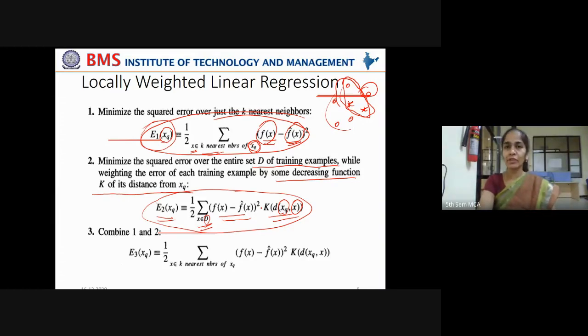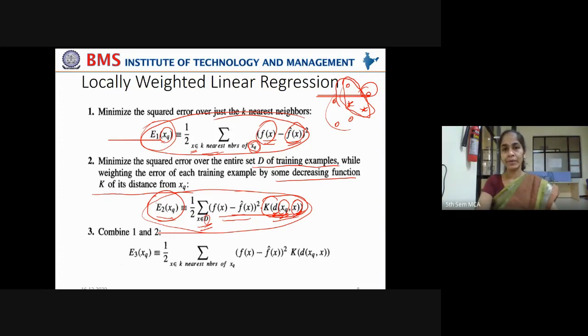If the distance of the new instance from the existing instance is far, add a lesser weight. If it is nearer, add more weight. In that way you are creating a function k of d of x cube and x, a function of the distance between the new instance x cube and the existing instance x. That is given as the error estimate 2.